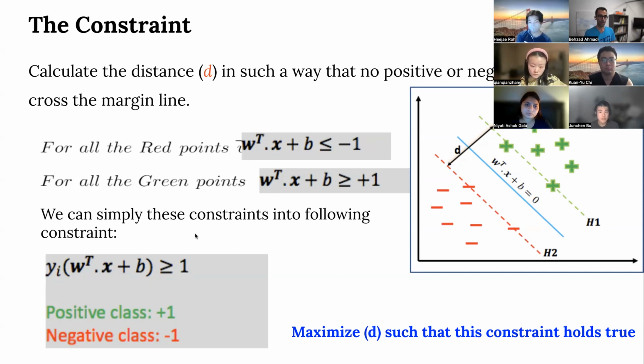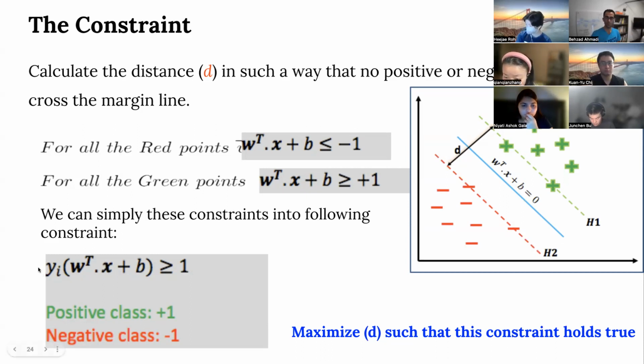Now, for every point that you get, the goal here is to find the W and B such that these two conditions are satisfied. If they are not satisfied, you get some penalty, you add them up, and then there is an optimization function that does that.